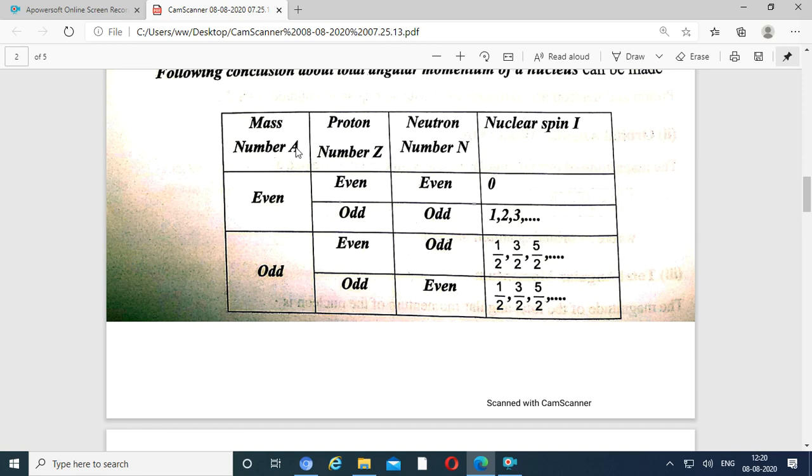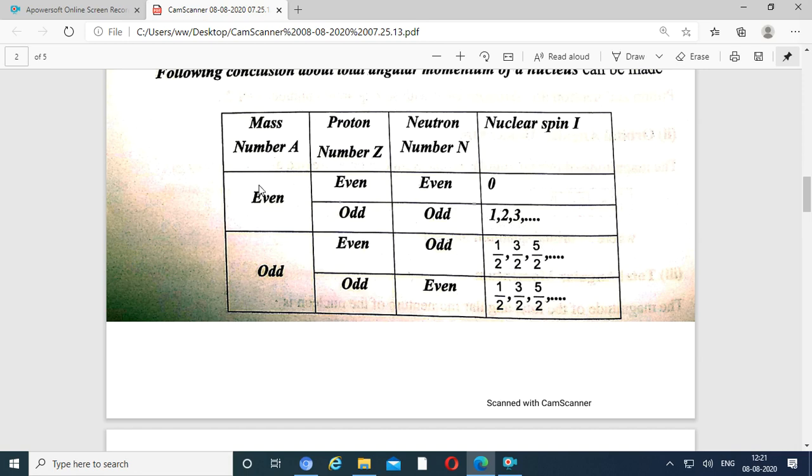The same thing can be considered for odd proton and odd neutron numbers, whereas if the mass number is even, then the nuclear spin comes out 1, 2 or 3, or other values it can take.